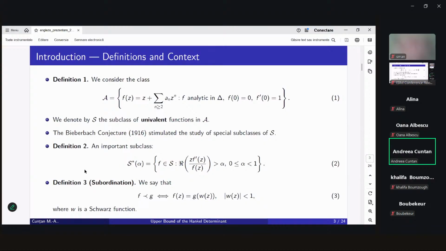Introduction, definition and context. Definition 1: we consider the class A defined in relation 1.